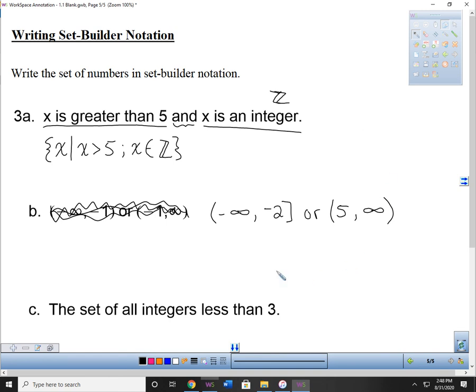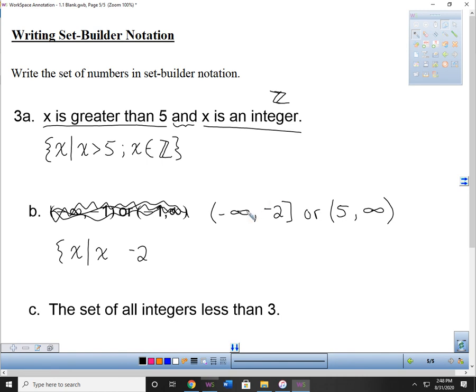All right? So now I have two statements, but both of them can be written mathematically. So I have my brace, the x, and the such that. Now if I look at this, all these numbers, I'm going to come from the left and I'm going to stop at -2. So I know that x is something in reference to -2.